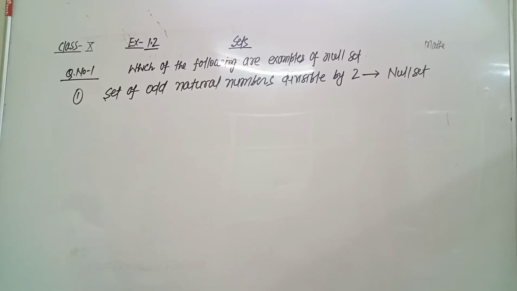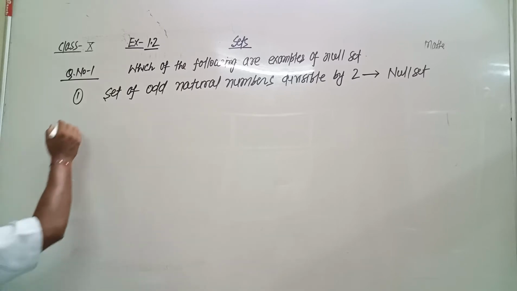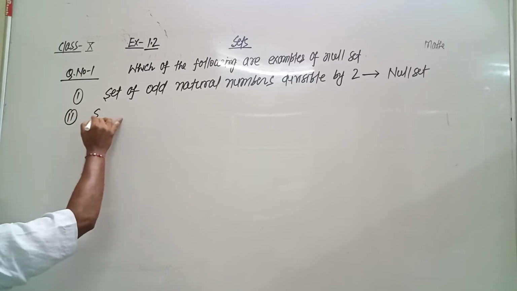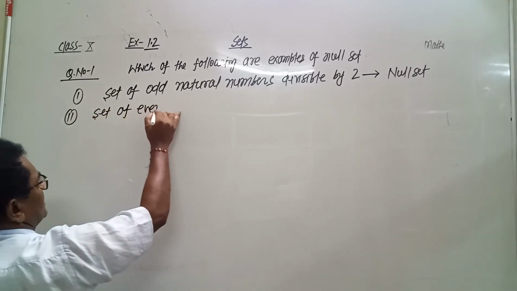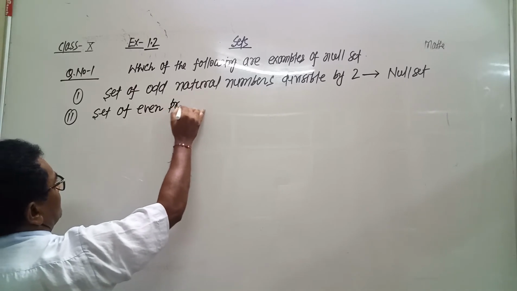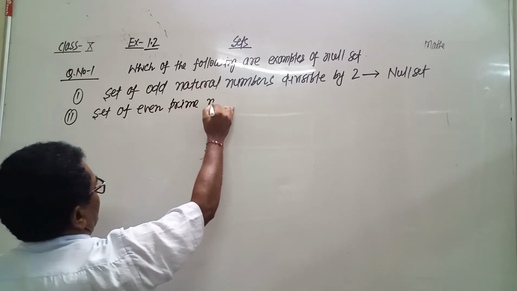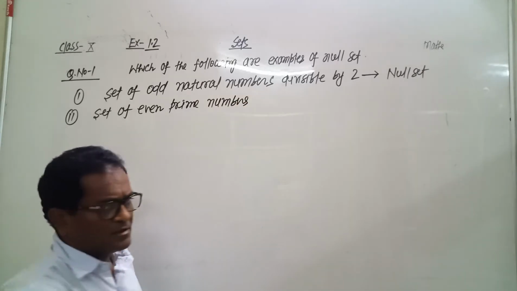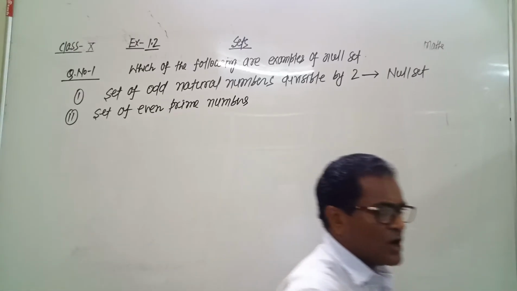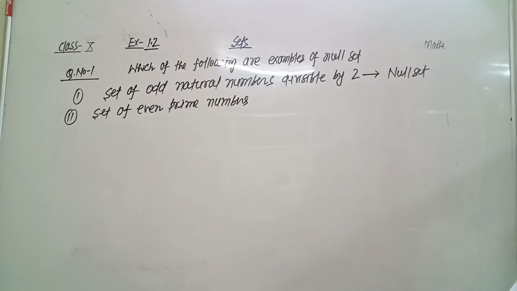Second is set of even prime numbers. This is not a null set because there is one even prime number which is 2. 2 is the even prime number.